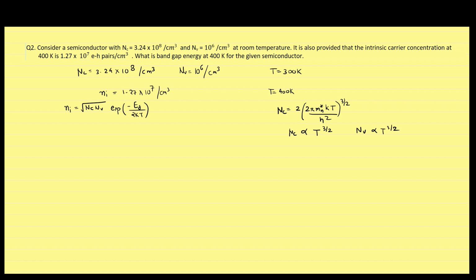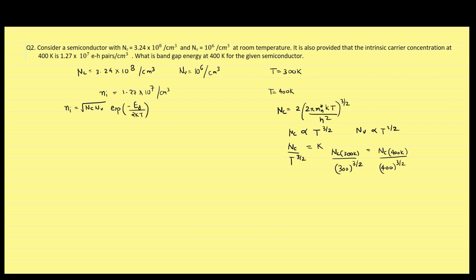So it means that Nc upon temperature raised to the power 3 by 2 is a constant. Now Nc at 300 Kelvin upon 300 raised to the power 3 by 2 is equal to Nc at 400 Kelvin divided by 400 raised to the power 3 by 2.